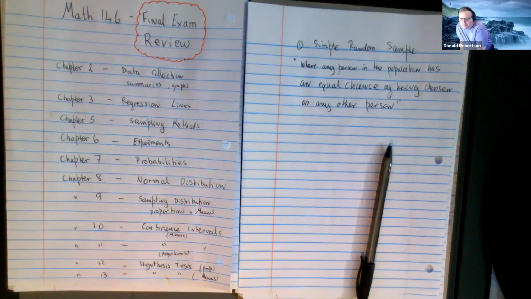So anybody in the population can get picked, and anybody in that population has just the same chance of being picked as anybody else. That's essentially the gist of a simple random sample.